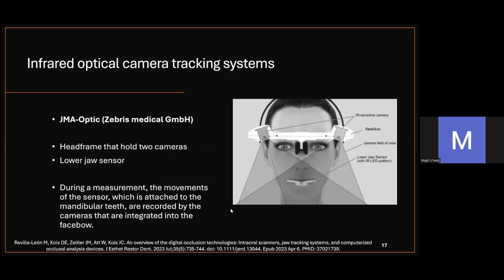This figure represents the GMA optic tracking system composed of a head frame that holds two cameras and the lower jaw sensor that comes as a biting fork. So when the mandible moves during a measurement, the movement of this sensor attached to the mandibular teeth is recorded by these two cameras integrated with the head frame.